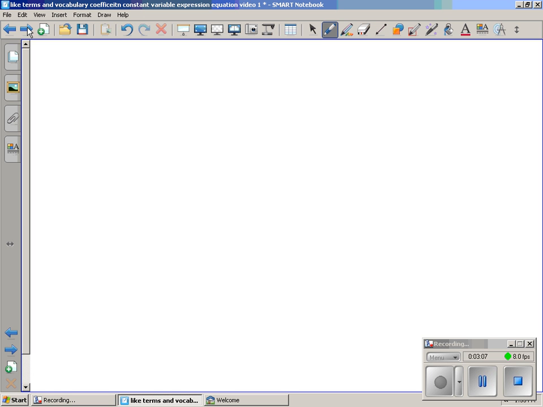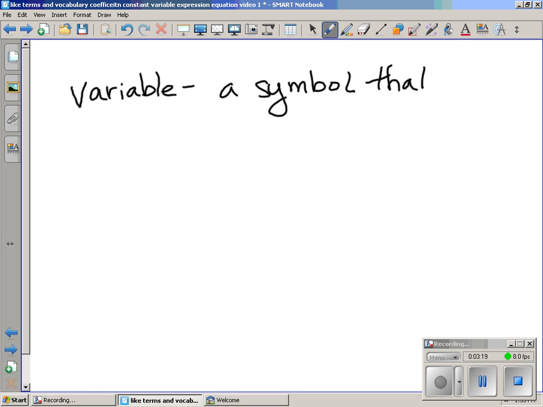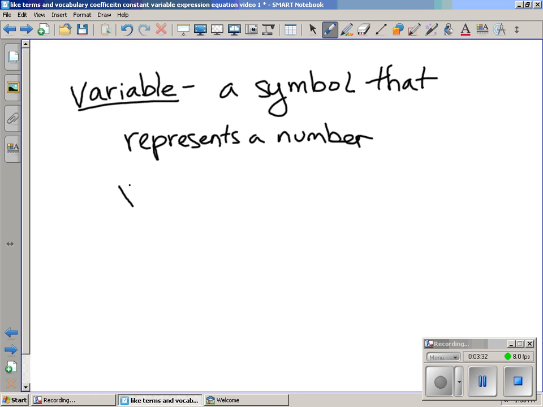with examples. So we're going to start with variable. And the variable is a symbol that represents a number. It can be any type of symbol. Commonly we use x. So you might have 2x.